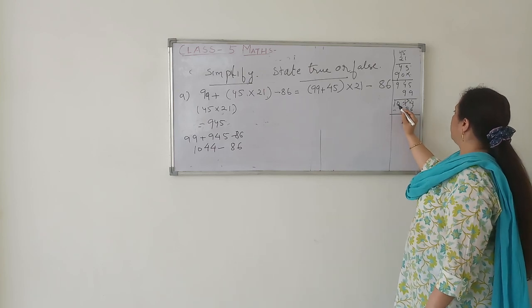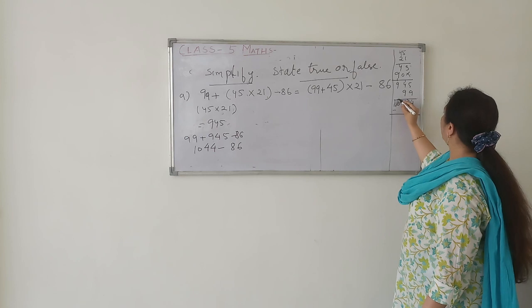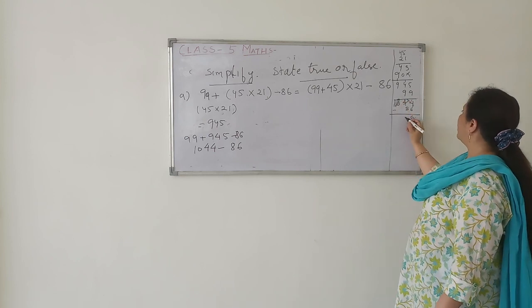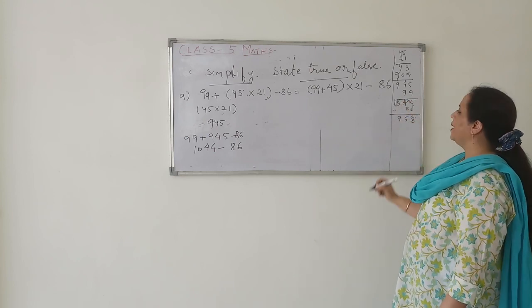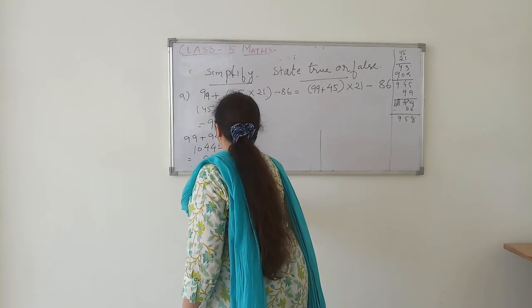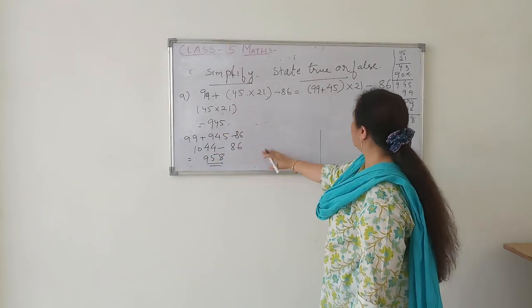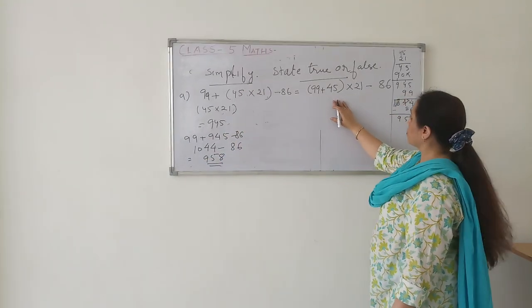Now again we will take it from here. This will become 10, this will become 9, and this will become 13. 13 minus 8 is 5, and this will become 9. And we will get 958. Right?